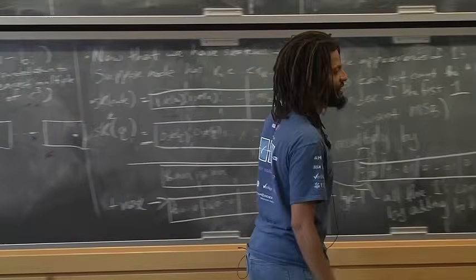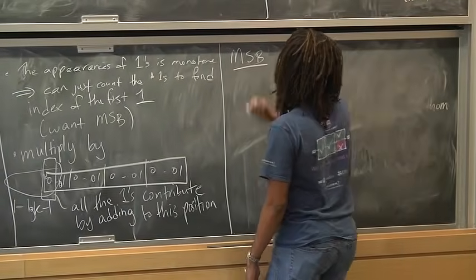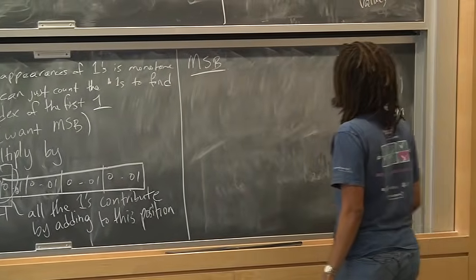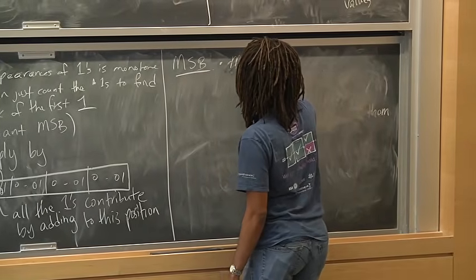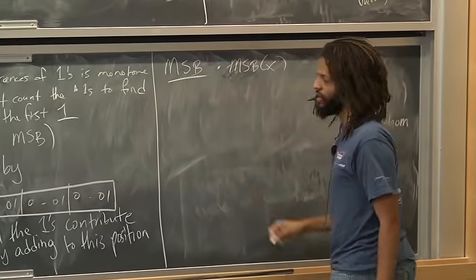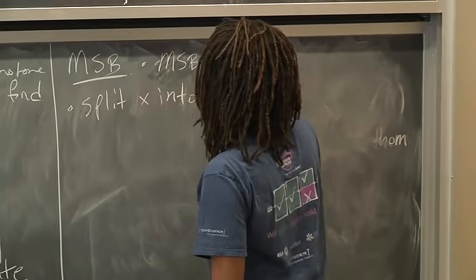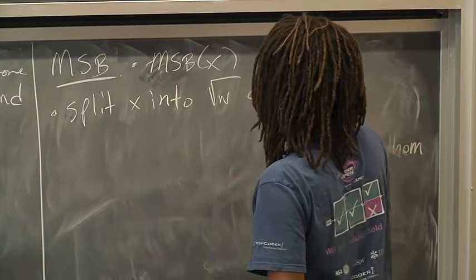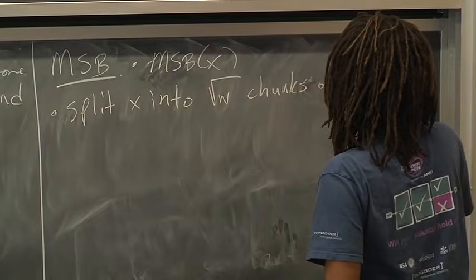So the basic idea is split. So let's say we want MSB of x. We're going to split x into root w chunks of root w bits each.